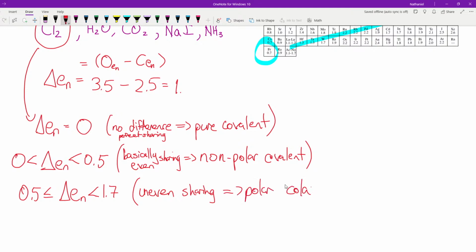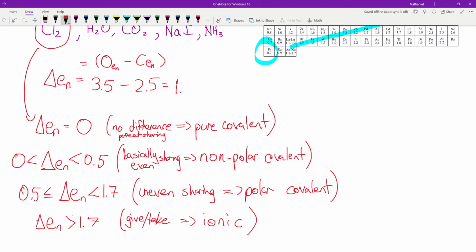And then anything bigger is our ionic. It's such a big difference in the tug of war that there's a clear winner, that there's a give and a take. Okay? Give and a take. There's no sharing. So this is ionic.